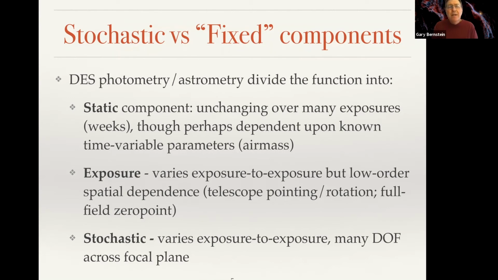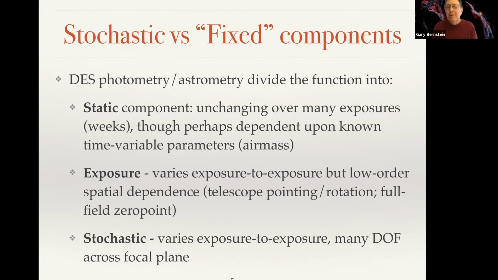And then there are going to be other variables that do vary from exposure to exposure, but maybe have low order spatial dependence. For instance, the overall zero point of each exposure can be considered free.